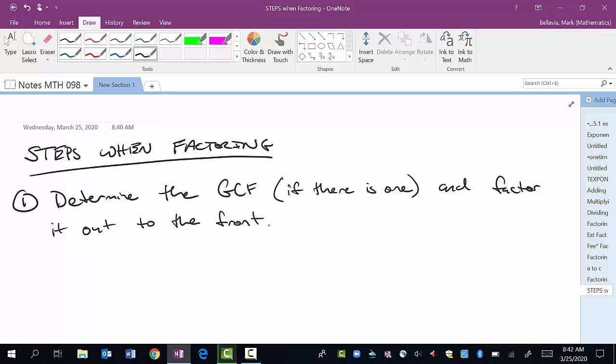So our first step every single time is to look to see if there's a GCF. If there is, then we factor it out to the front. If there isn't, then we don't. Remember, when I say GCF, I mean one other than one.